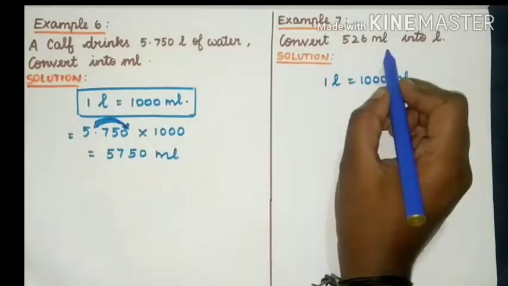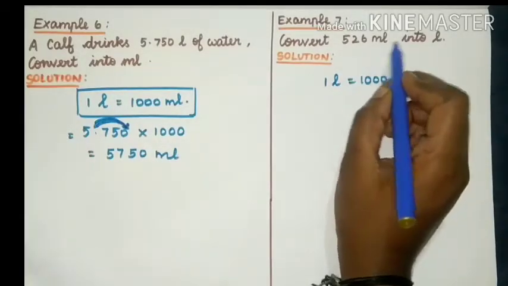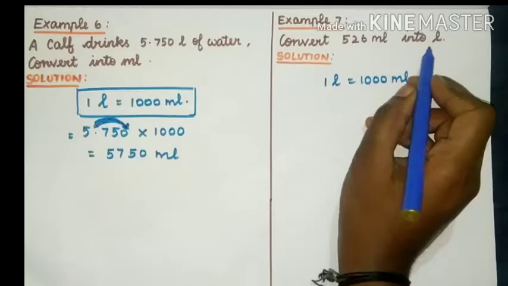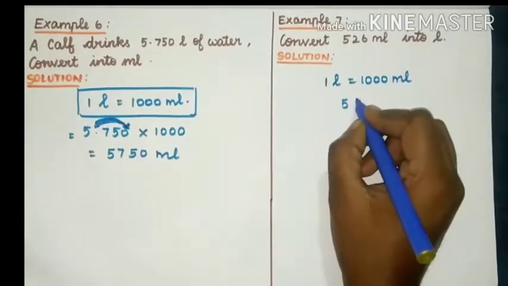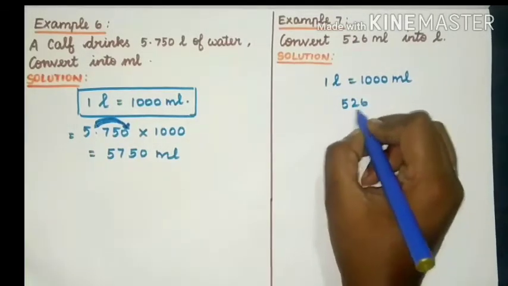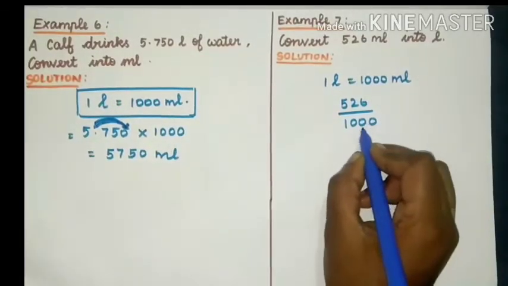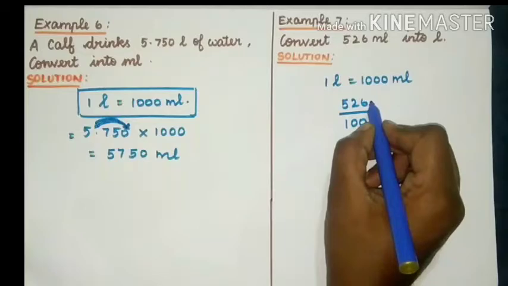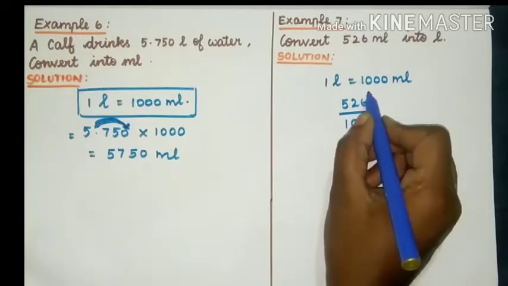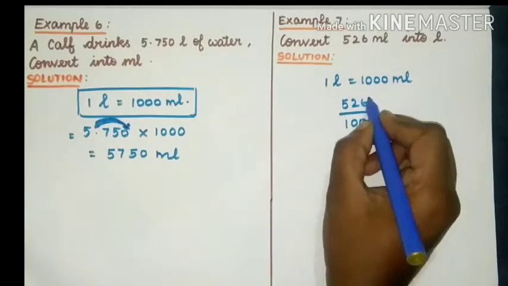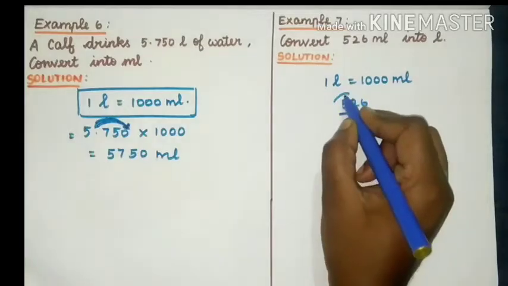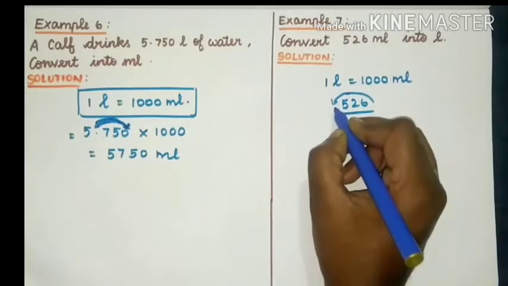Here we have to convert lower unit into higher unit. So we have to divide the milliliter 526 by 1000. In the denominator we have 3 zeros. So we have to move the point towards left. 1, 2, 3. So we have to place the point here.